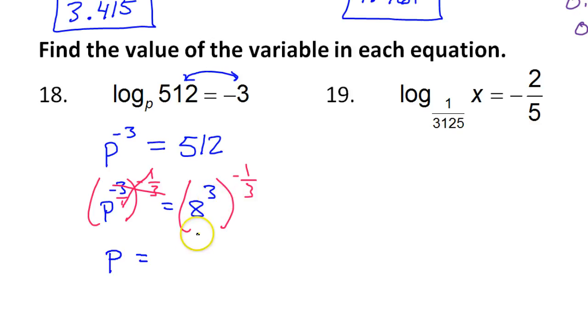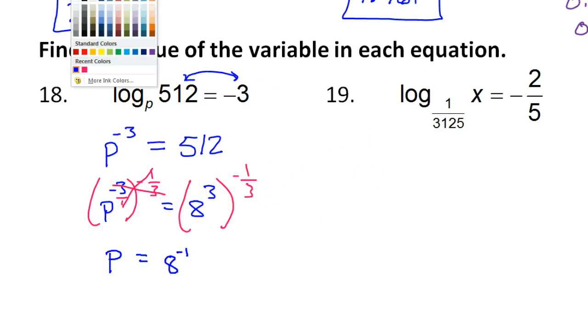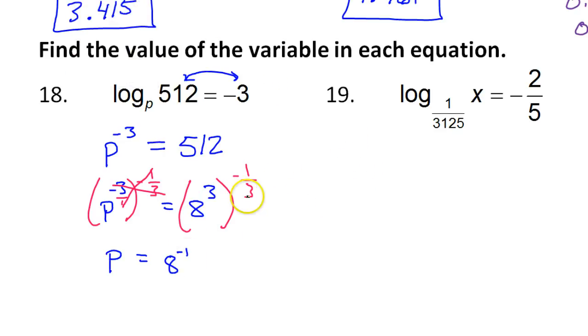Now over here, I'm just going to have 8 to the negative 1 power, because basically these 3's are going to cancel out. Now if you're having any trouble seeing why it's negative 1, I'm going to show you the long way. This 3 is like having 3/1. So basically we have 3/1 times, excuse me, negative 1/3.